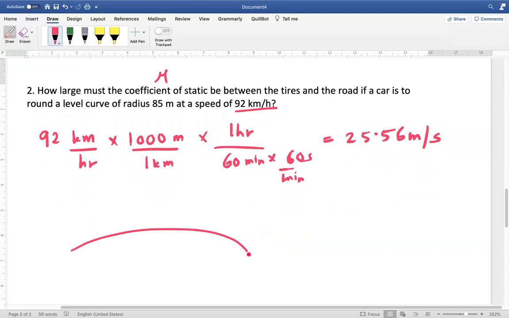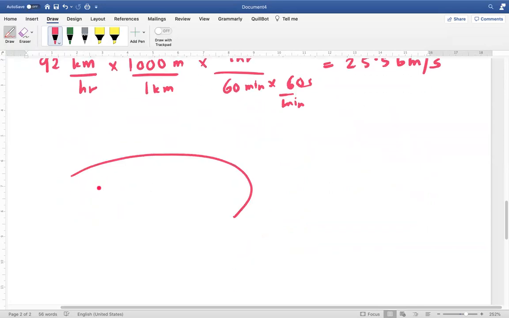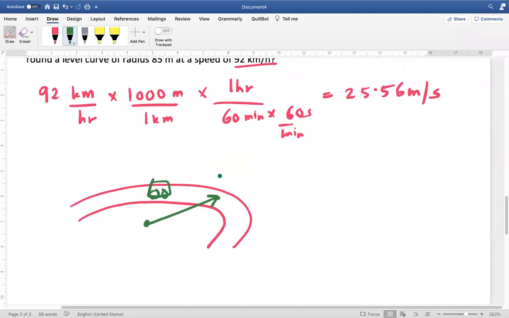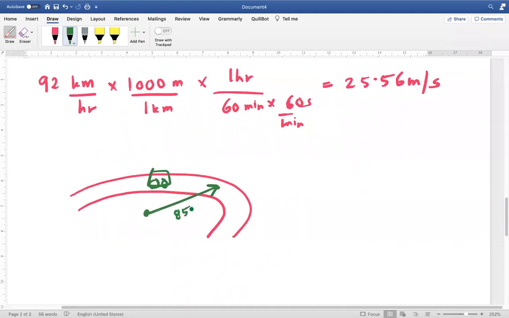So the question is asking what the static coefficient is if I have a car over here, traveling on a round road where the radius of the road is 85 meter, right?